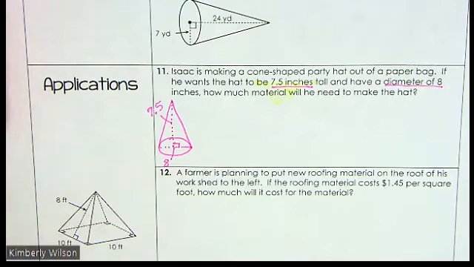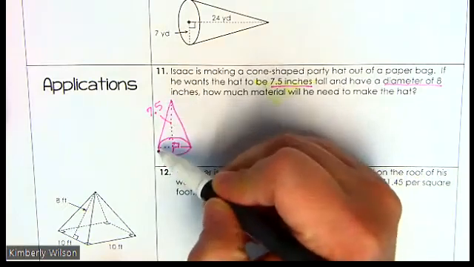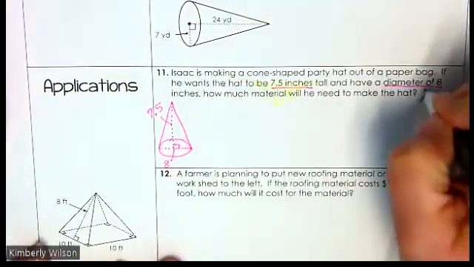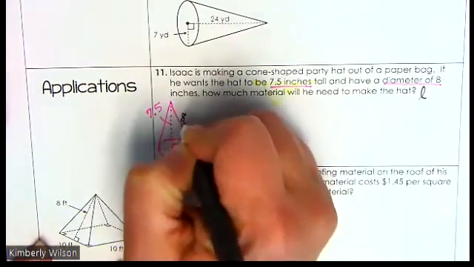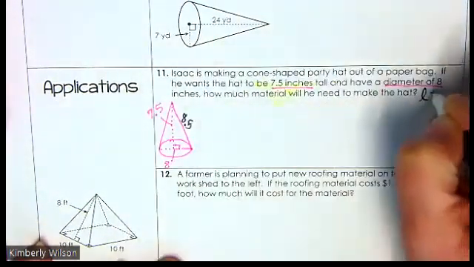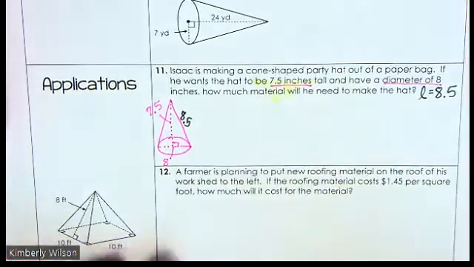And I will make sure that those types of problems you will not have on any assessment. It's wanting to use the Pythagorean theorem to find this side length. Okay, but I'm going to give you that. The slant height is 8.5. So the slant height is 8.5 because that's what we need to calculate.